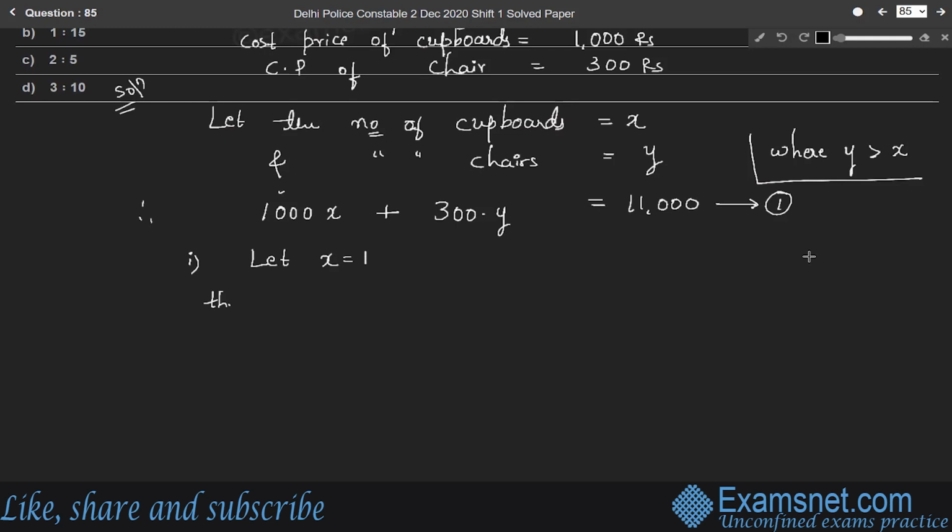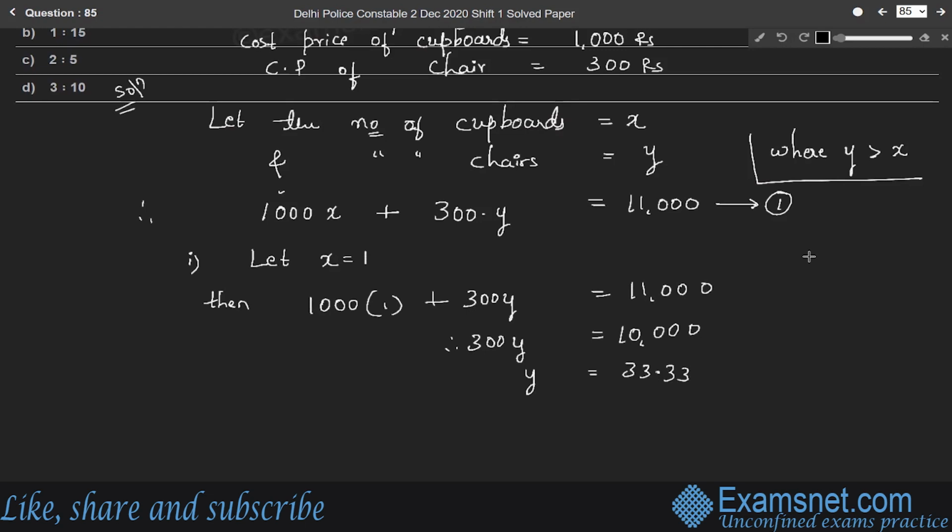Then 1,000 into 1 plus 300Y is equal to 11,000. Therefore, 300Y is equal to 10,000, right? So Y is equal to 10,000 by 300. It is nothing but 100 by 3, which is 33.33. So which is not possible.